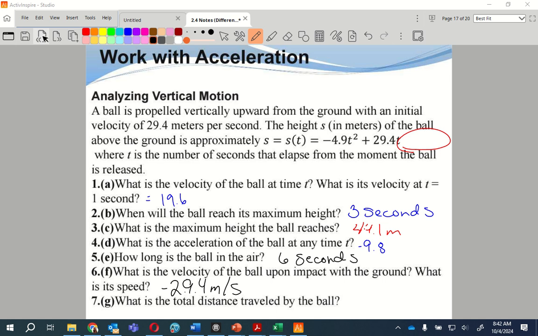If I just plug in 6, it's going to give me 0. But I know it goes up to a maximum height of 44.1 and comes back down that same distance. So my total travel is 88.2 meters. Alright, good job.